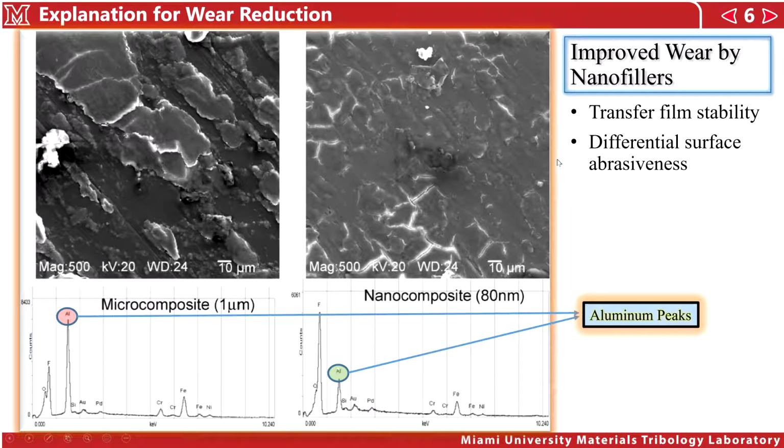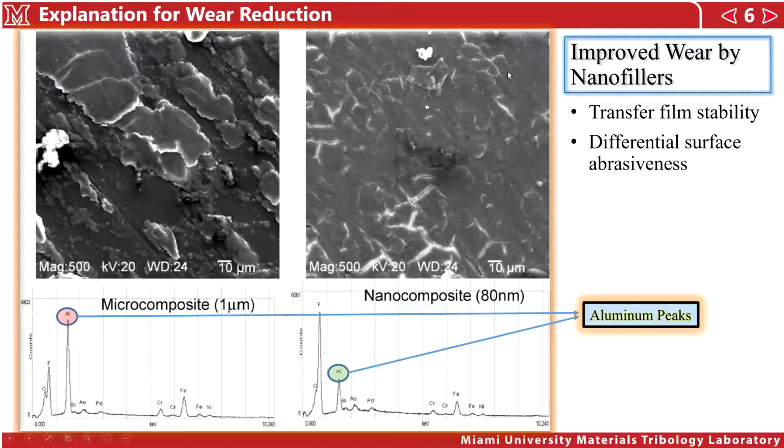This group suggests something called differential surface abrasiveness. Simply speaking, what they're trying to say is that the nanocomposites are not as abrasive to the transfer film as compared to the microcomposites. As you can see clearly from these electron microscope images, the transfer film for the nanocomposite is smoother as compared to the flaky, abraded surface of the microcomposite.